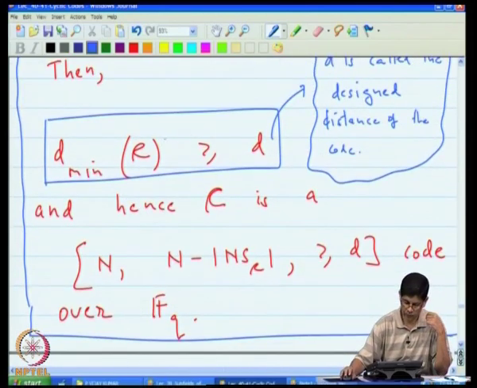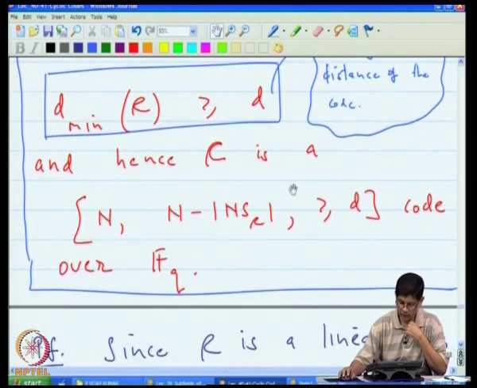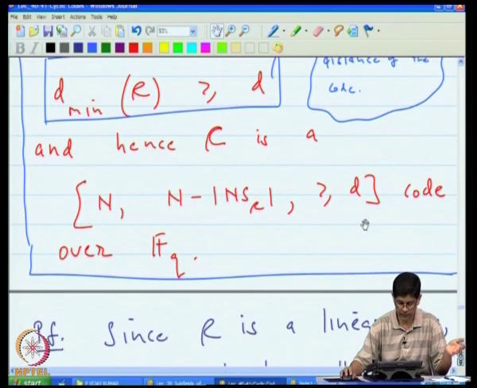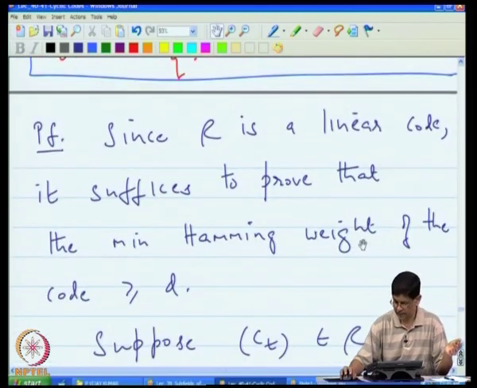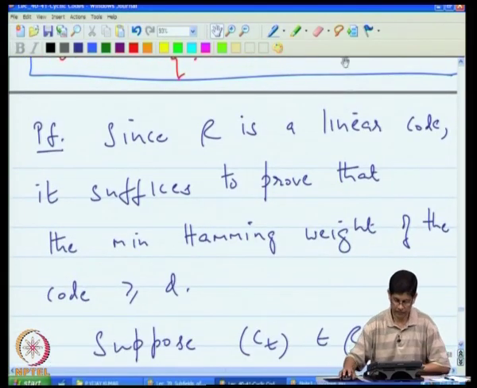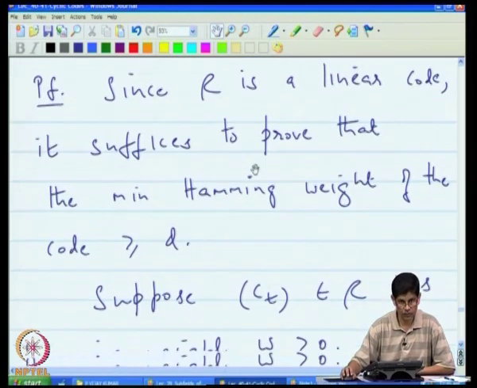And so, the minimum distance of the code is at least d, and therefore, the parameters of the code: the block length is n, that is obvious. The dimension is n minus the size of the null spectrum, we covered that in the previous theorem, and the minimum distance is greater than or equal to d, which is the content of this theorem. The proof is actually quite straightforward, so we will go through it.